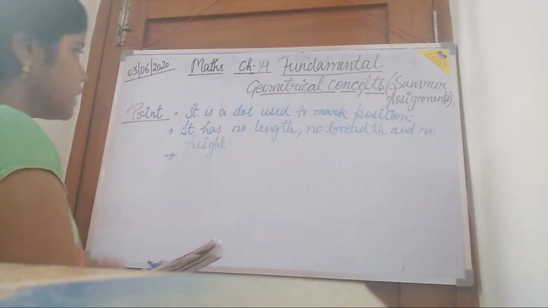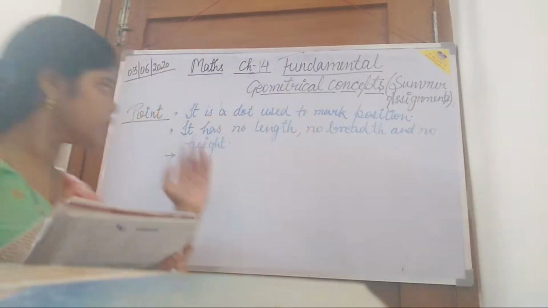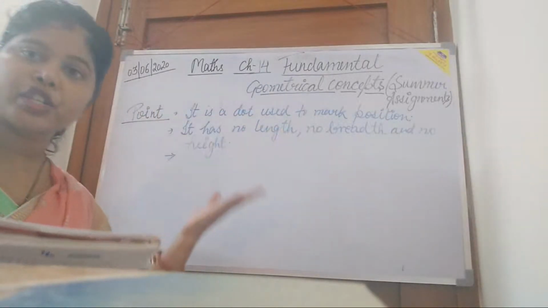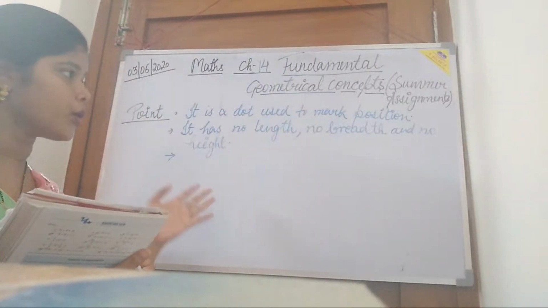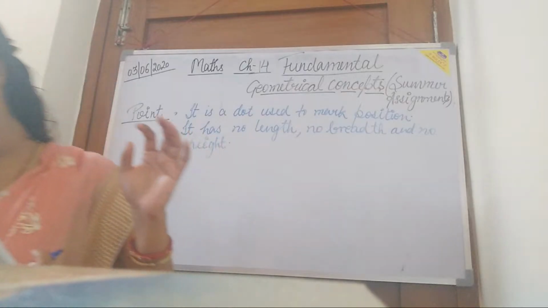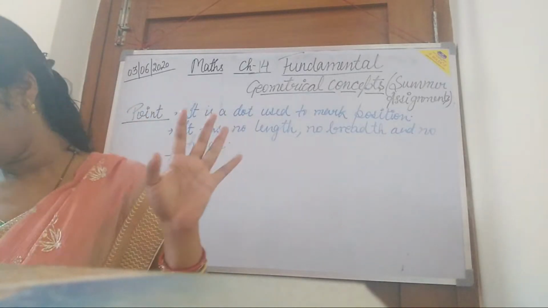So point is a dot used to mark position. It is dimensionless, means it has no length, no breadth, no height, or no thickness also.